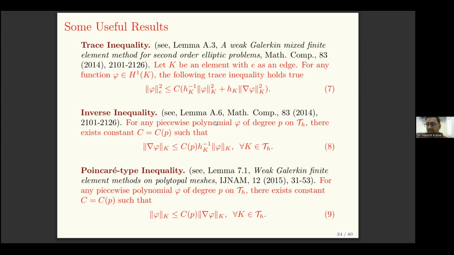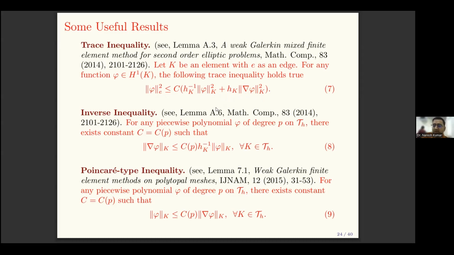Roughly we can say it actually helps you to convert your edge norm or the boundary norm into the interior norm. So here you can see the norm of phi defined on the edge can be less than or equal to the norm of phi in the interior and the norm of grad phi in the interior.